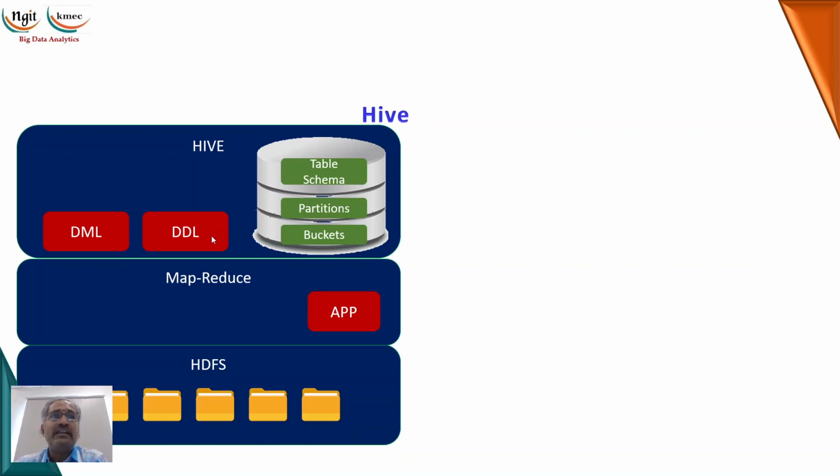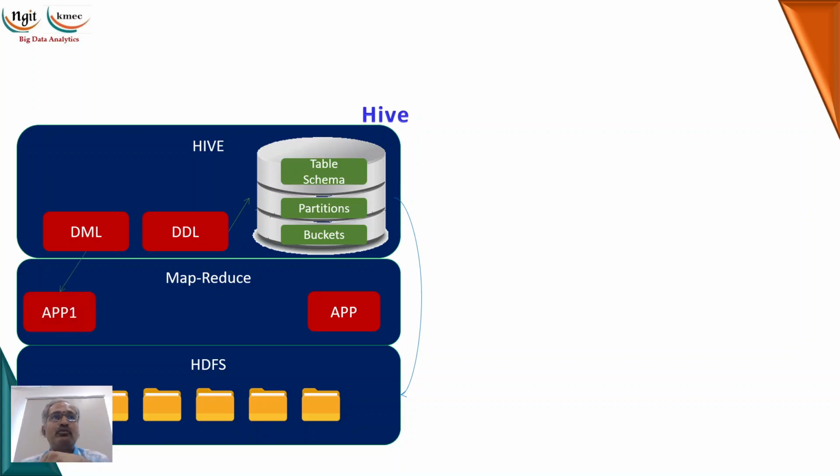And whenever a DDL statement is executed, it will affect the metadata in the metastore, and that will connect to the HDFS where the particular data is available. Now, whenever you write a query, it comes under DML. Actually, it is DRL, data retrieval language, but of course, we can take that into the DML part.